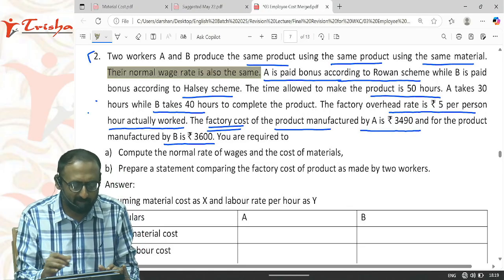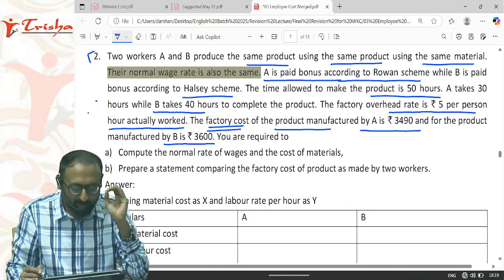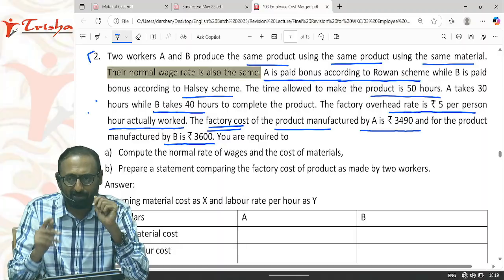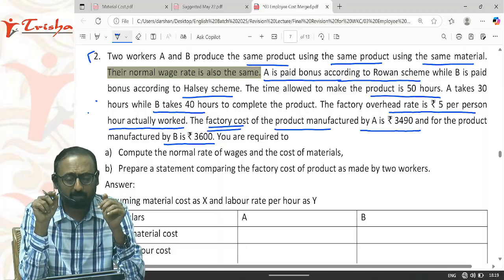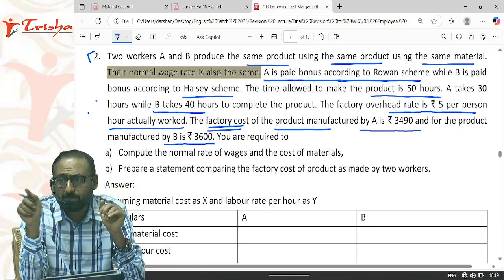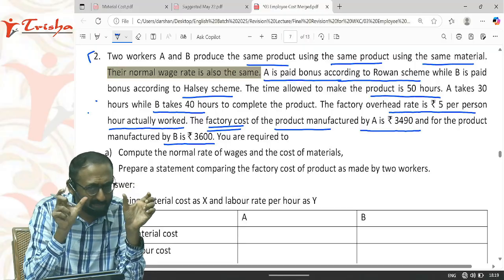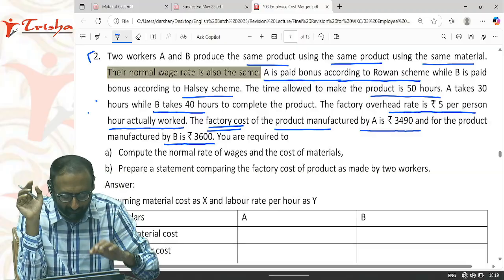I have highlighted it with a yellow pen. I will assume A and B get Y rupees per hour. So material is X and labor will be Y.